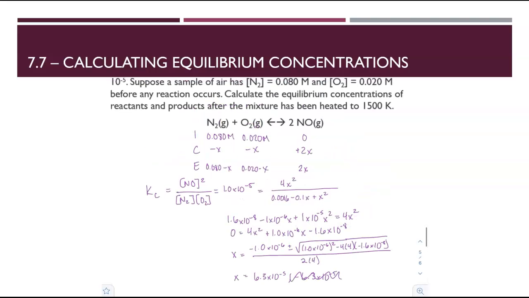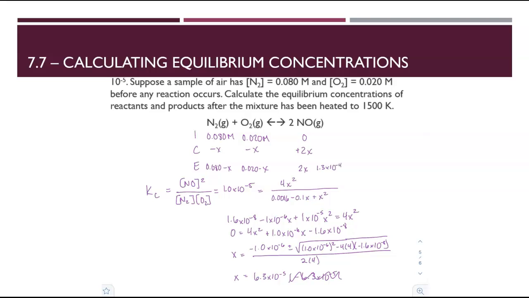So we can go back up to our equilibrium line and plug in X for each of those amounts. That gives us our concentration of NO as 1.3 times 10 to the negative 4th.